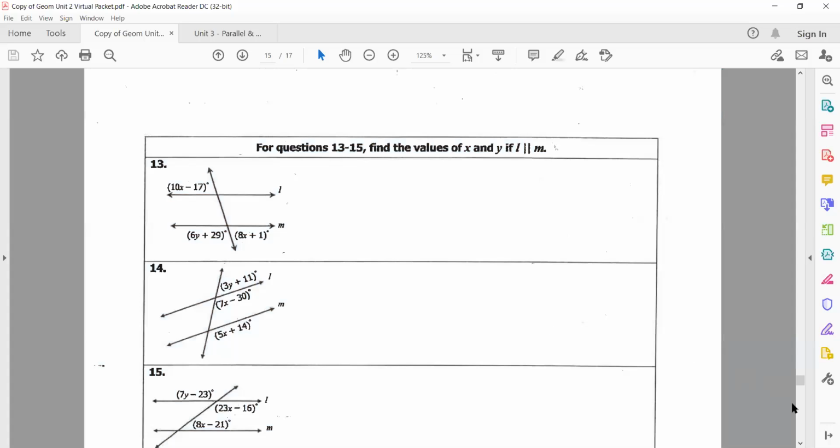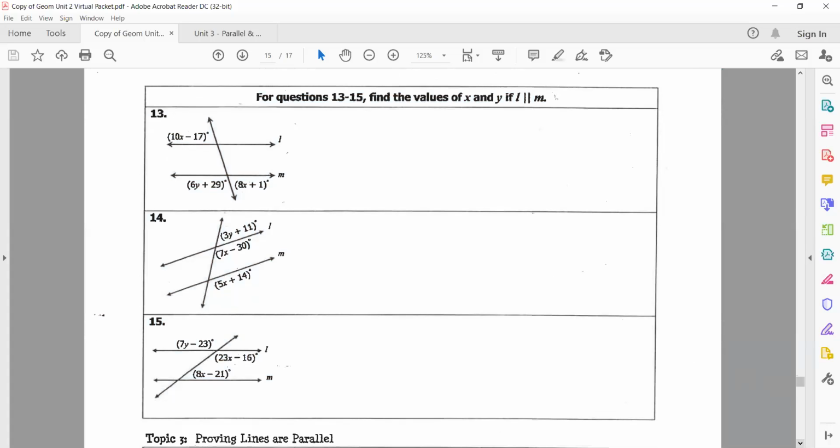And all of these problems on that page of the study guide are the same. 13, 14, 15, they're all the same. They're all about defining the angle relationships and using those definitions to help you set up equations.